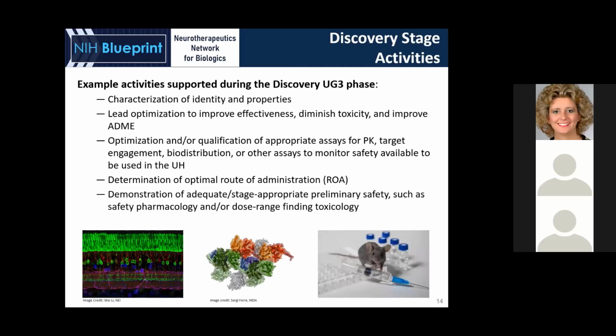Now, this is just a short list of some of the activities that are supported during the discovery phase. For instance, characterization, lead optimization, determination of the ROA, demonstration of adequate stage appropriate preliminary safety studies associated with this. So projects that meet this goal in discovery stage will enter the development in the UH3 phase, beginning preparatory activities.